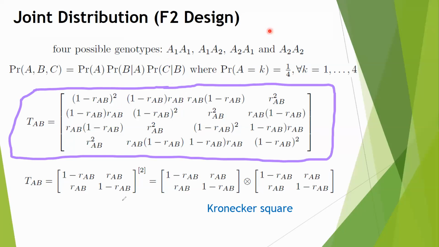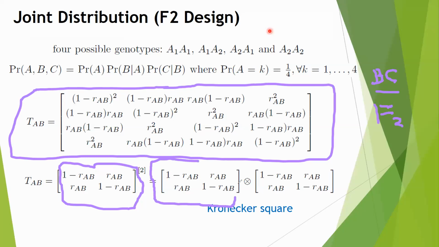So this is a little bit more complicated. Think of this 4x4 matrix as a square of a 2x2 matrix. If you compare the backcross with the F2, for the backcross you use this simple 2x2 transition matrix, but for the F2 design the complexity is doubled, squared actually.